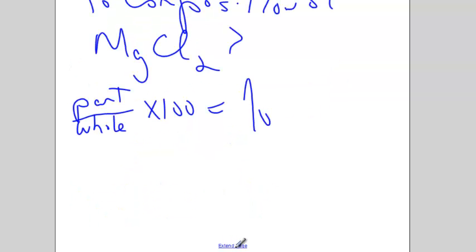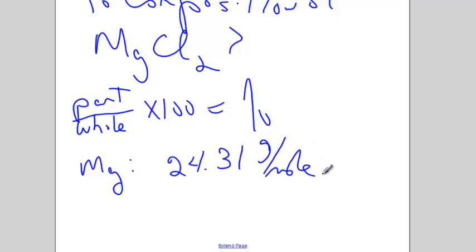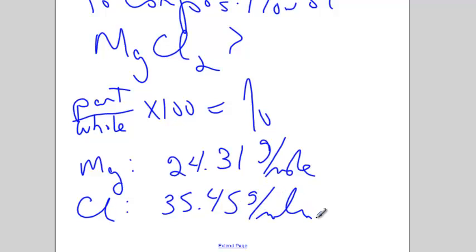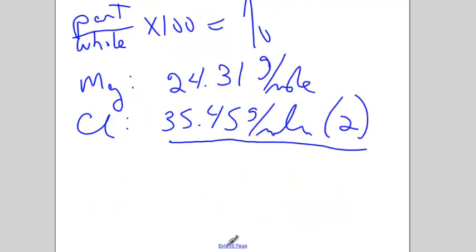We look on the periodic table, and we see that the molar mass of Mg is 24.31 grams per mole. And Cl is 35.45 grams per mole. There's two of these. So we calculate the molar mass of MgCl2 is 95.21 grams per mole.